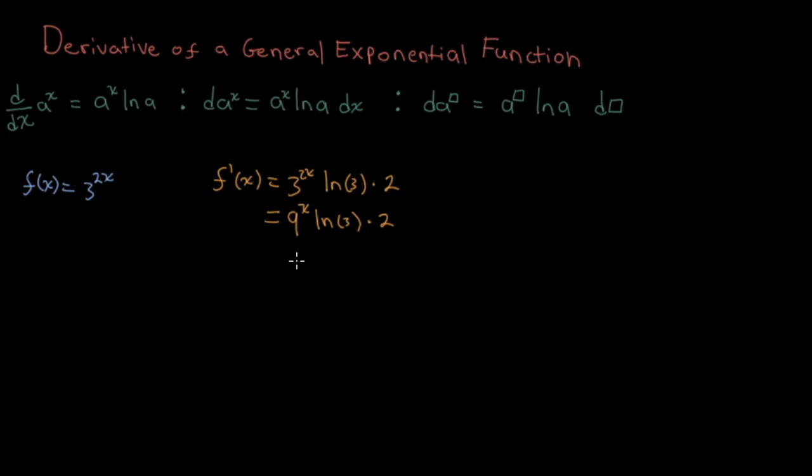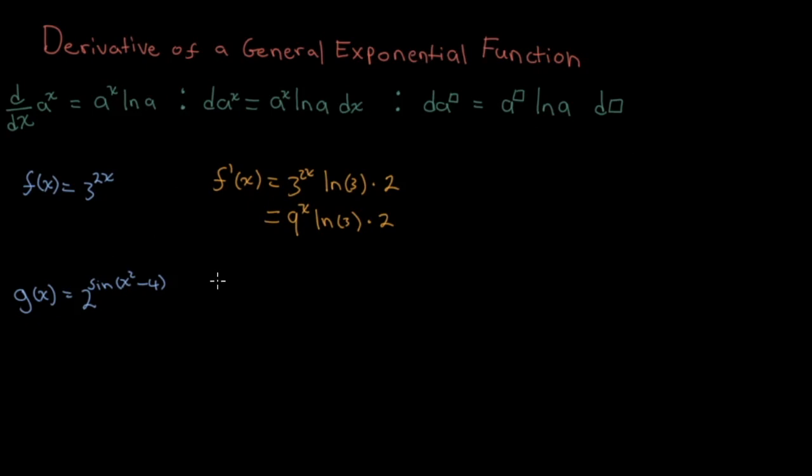Now, let's do another, slightly more tricky example. Let's say we get a function g of x equals 2 to the power of sine of x squared minus 4. What would be the derivative of that? It looks like a very scary derivative to evaluate, but if you think about it, it's not that bad, because we're just following this format here.